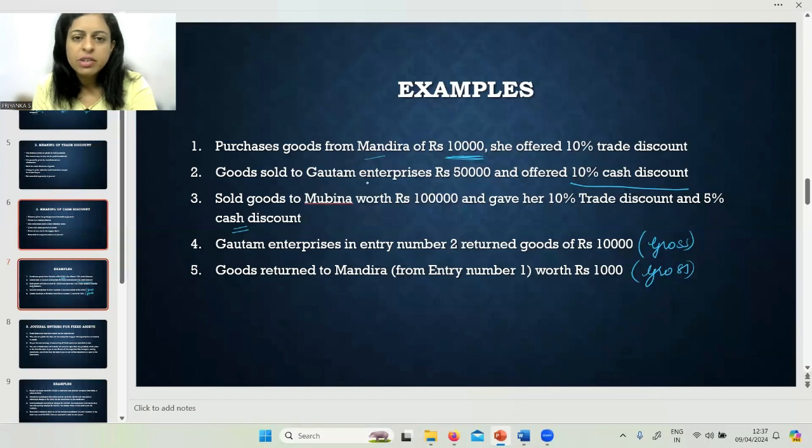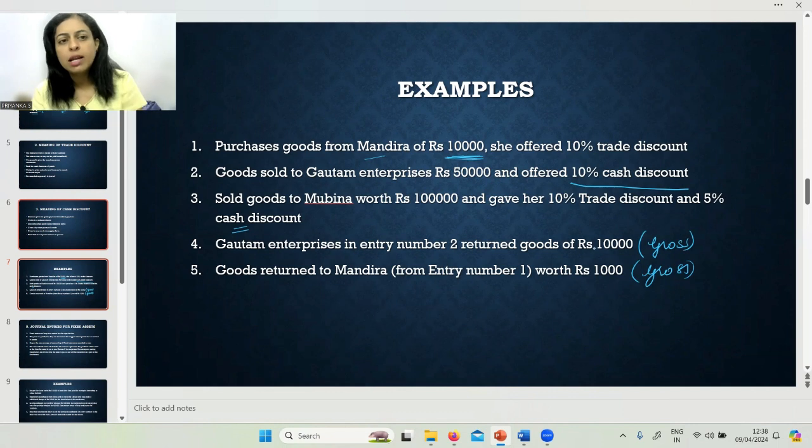Now what is happening in this entry? Gautam Enterprises had bought goods of 50,000 but we gave them a discount. Now, out of these goods, they are returning us 10,000 worth of goods, which is gross. Gross means before the discount. So, of this 50,000, they gave back the amount of 10,000. Now, are we supposed to pay them 10,000 back for the goods that have been returned? No. We have already given a discount of 10%. So, we have to pay them after whatever the discount is reduced.